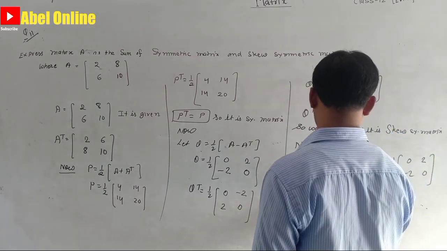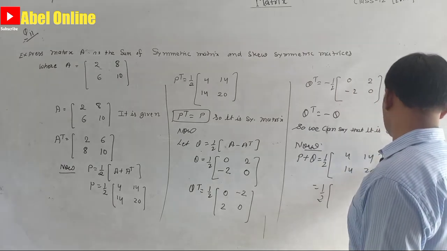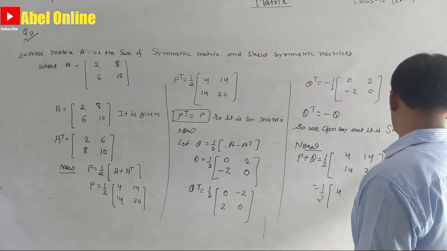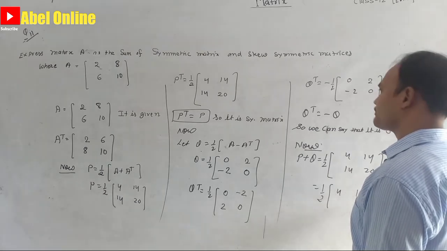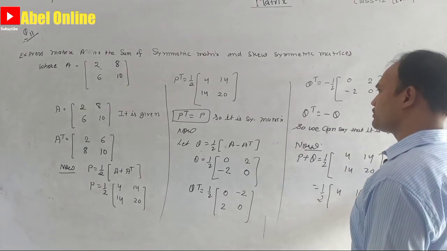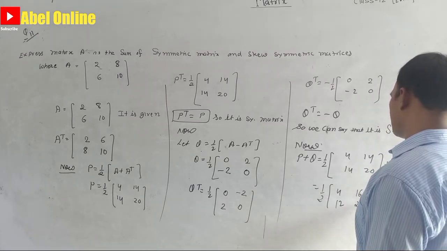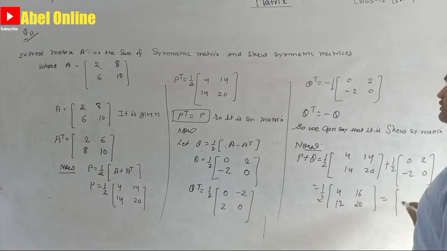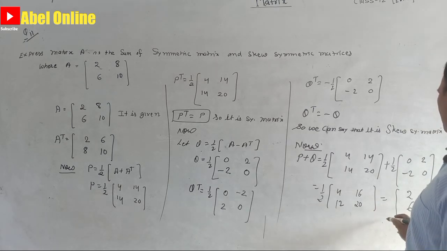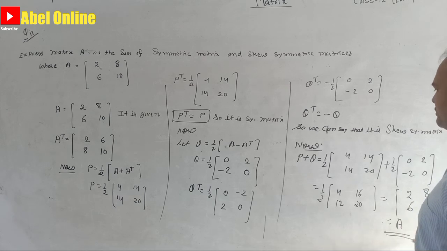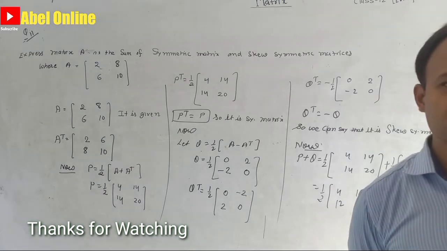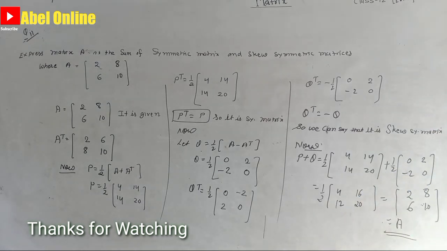So it is 1 by 2, and 4 plus 0 is 4, 14 plus 2 is 16, 14 minus 2 is 12, 20 plus 0 is 20. Now divided by 2, so we can say that it is 2, 8, 6, 10. So is it the question? It is 2, 8, 6, 10, so it is A. So we can say that P plus Q equals A, and we have presented it as the sum of a symmetric matrix and a skew symmetric matrix, so it is your answer.